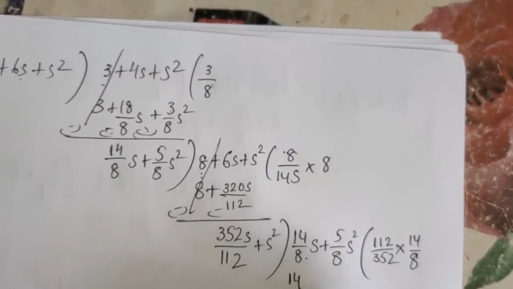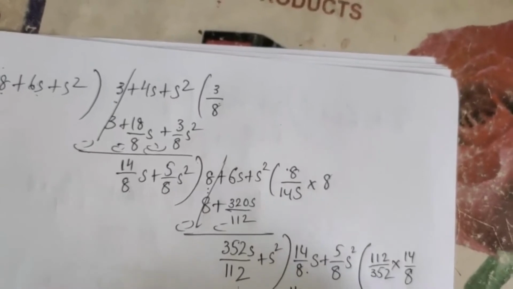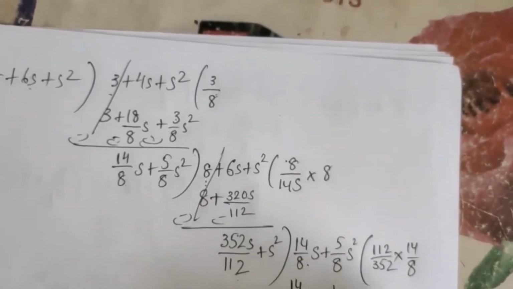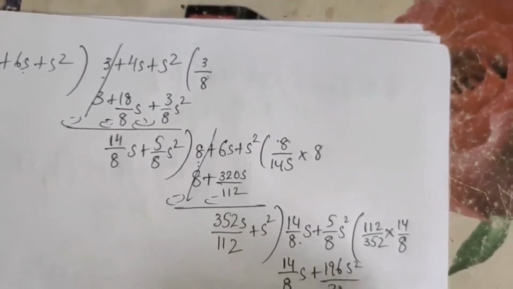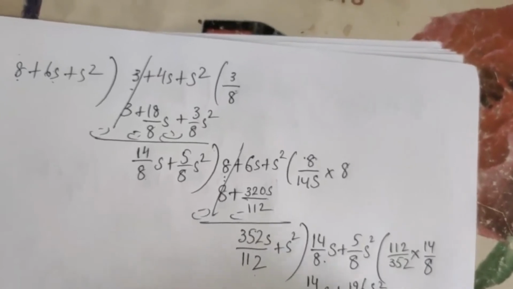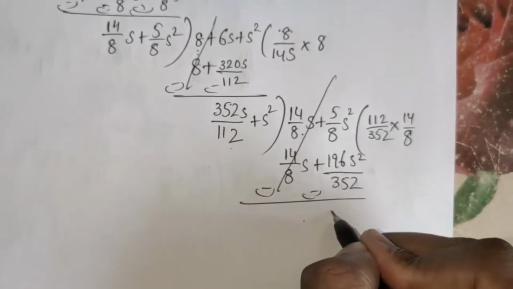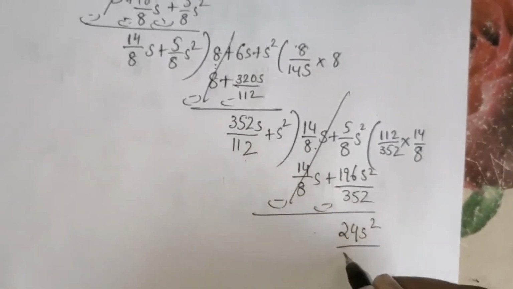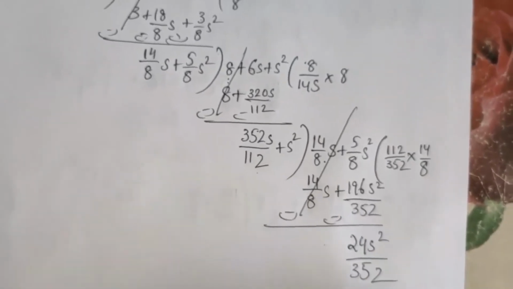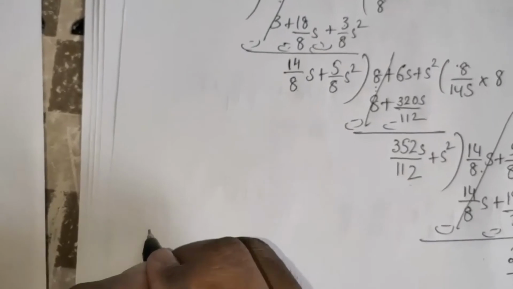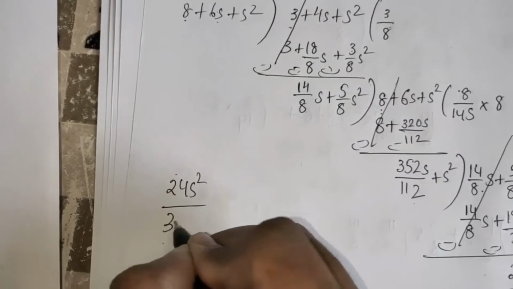So it becomes 14 by s, and if I multiply this, it becomes 196 s square by 352. The first term will get cancelled, so you will get 24 s square by 352. Since this is also positive, I'll consider 24 s square by 352.